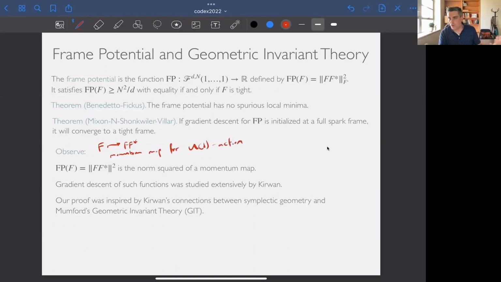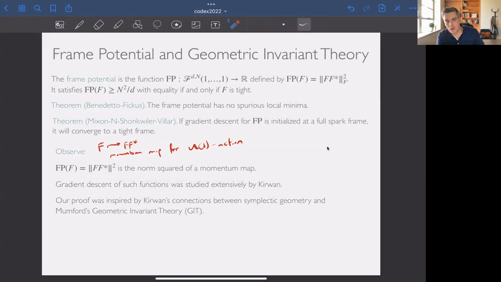We didn't actually mention this at any point before, but you can imagine this is a nice action on frame space, and it in fact is a Hamiltonian action, and its momentum map is: take the frame operator. So the frame potential is actually the squared norm of a momentum map.